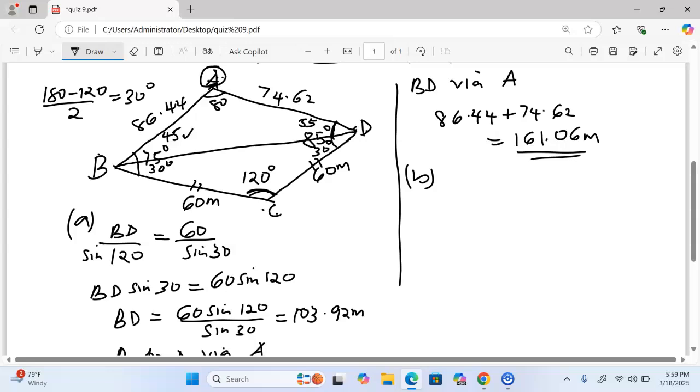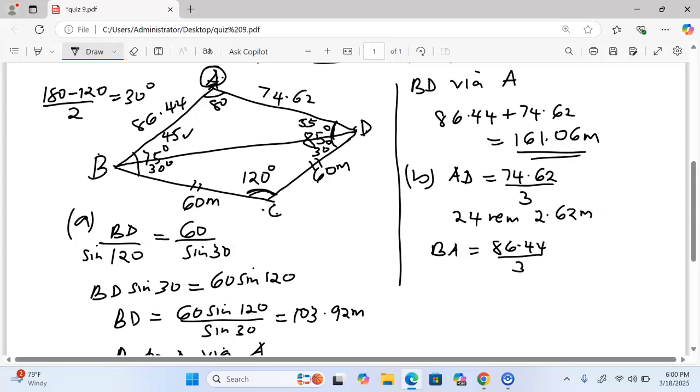Using our AD, we are going to have the length AD, which is 74.62. You divide by the interval, which is 3, and this one is going to give us 24 remainder 2.62 meters. And if we use BA, we are going to have the length 86.44.